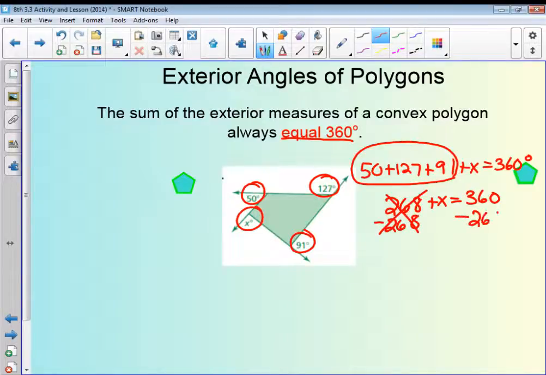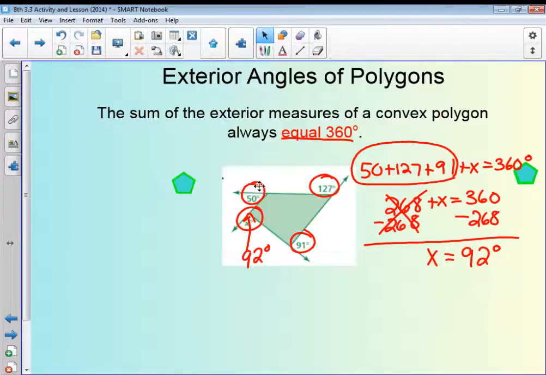Minus 268 on the other side gives me X equals 92 degrees. Okay, so I just found out that this angle measure right here is 92 degrees. So take note, I found the sum of all of the measures that I saw, and they had to equal 360, so then I solved for X.